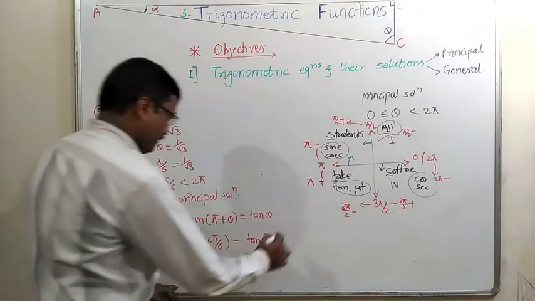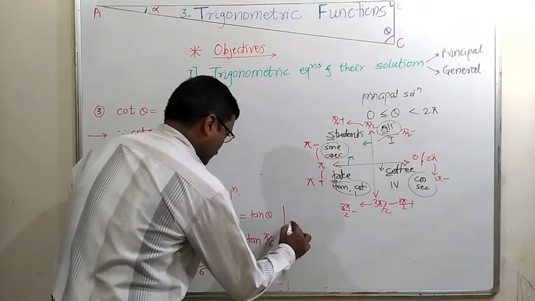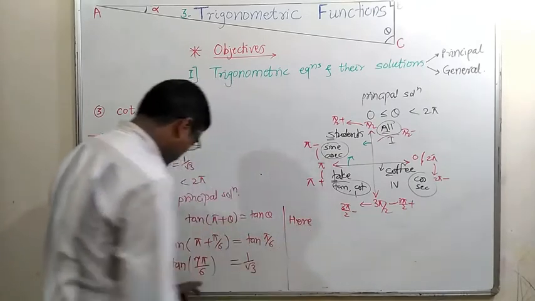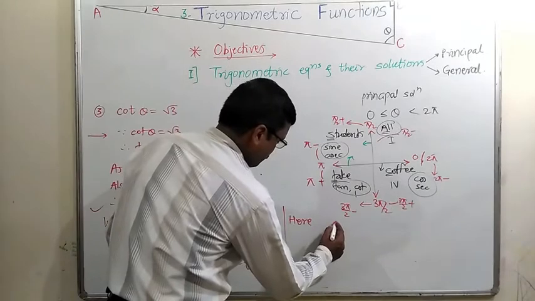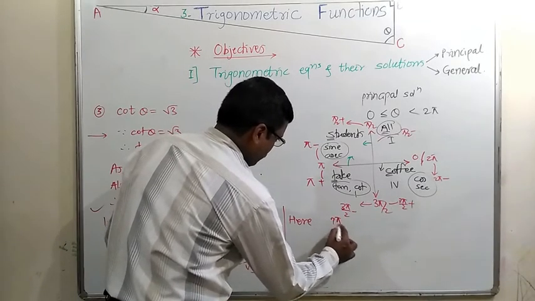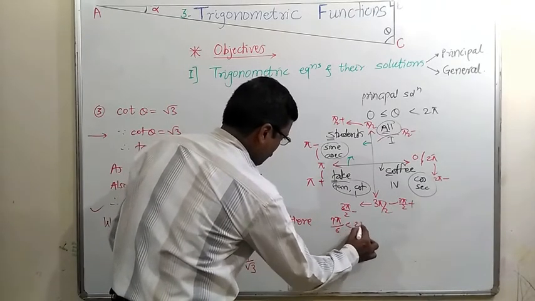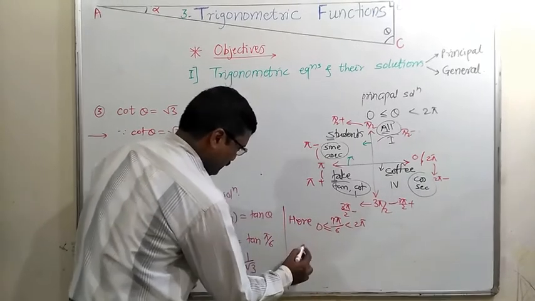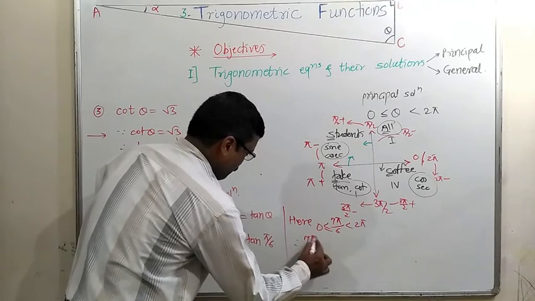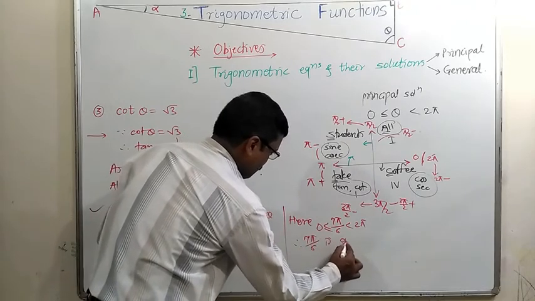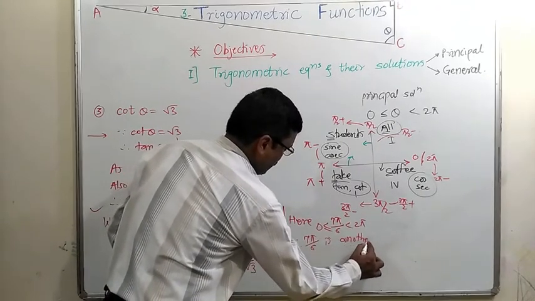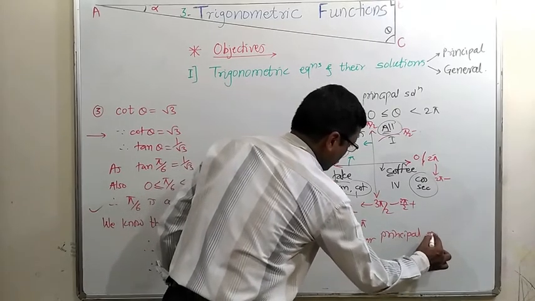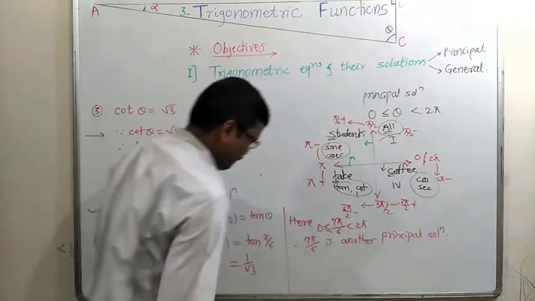Here 7 pi by 6 is less than 2 pi and greater than or equal to 0. Therefore 7 pi by 6 is another principal solution.